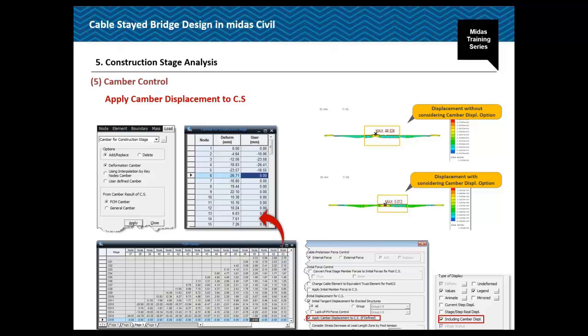The parabolic curve equation using the two nodes and the maximum camber value. And the other one is we can just directly enter for each of the nodes the camber value one by one. So this manual input is also available. Then this value will be updated in the final deformation.